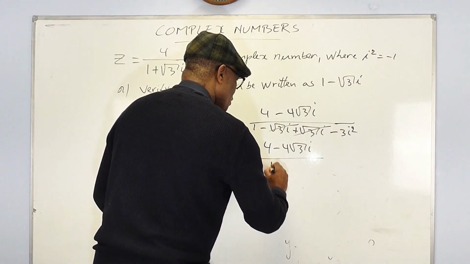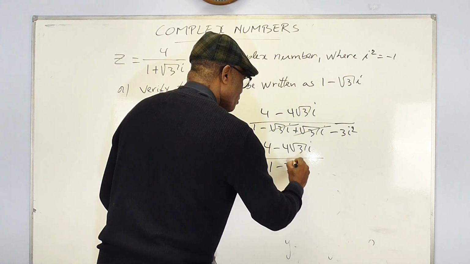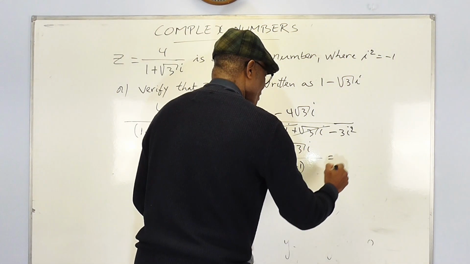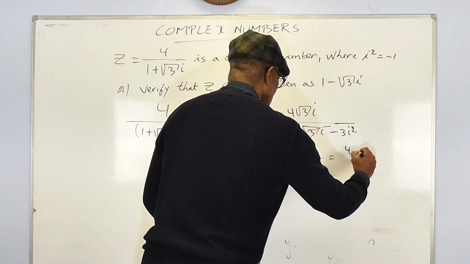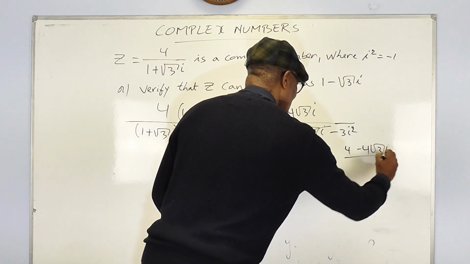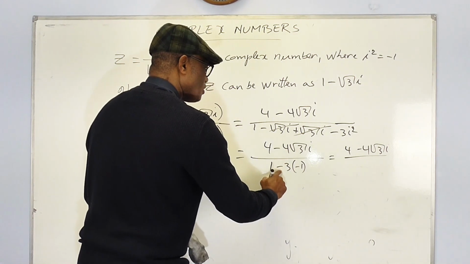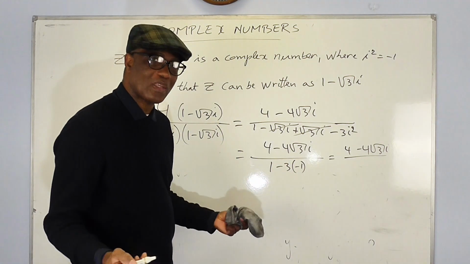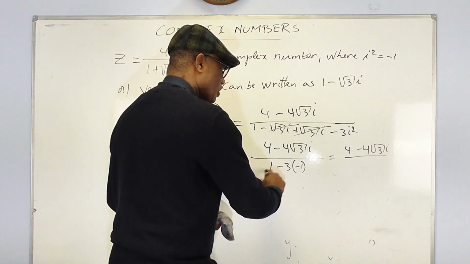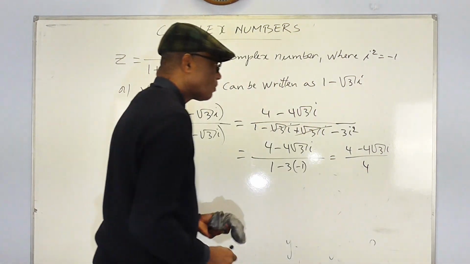And over there, we have minus 3 i squared, so minus 3 multiplied by minus 1 will give plus 3. So plus 3 plus 1 will give 4.